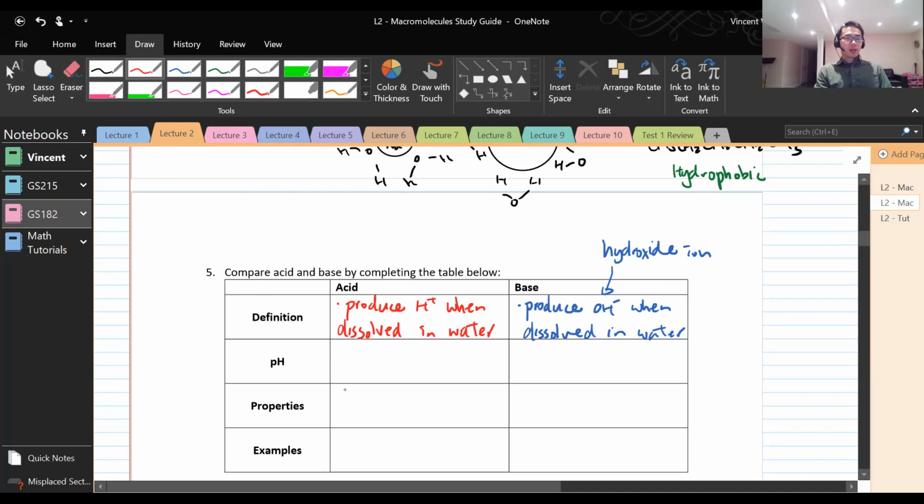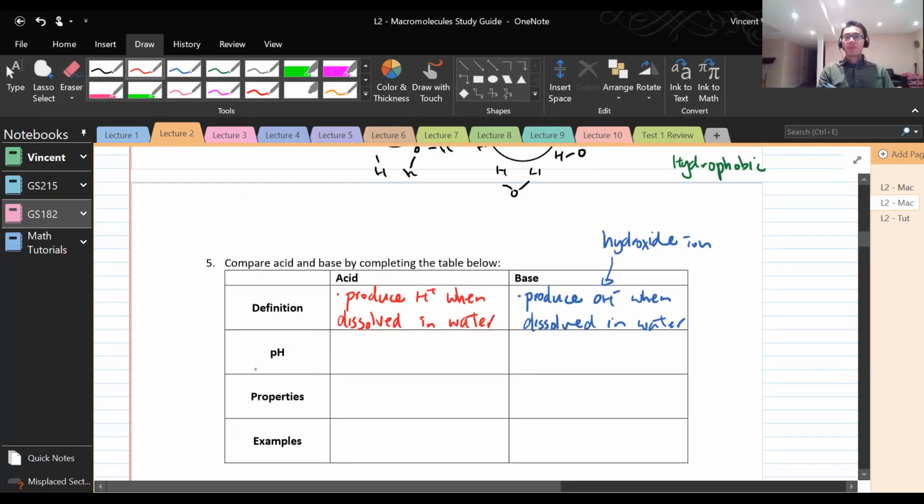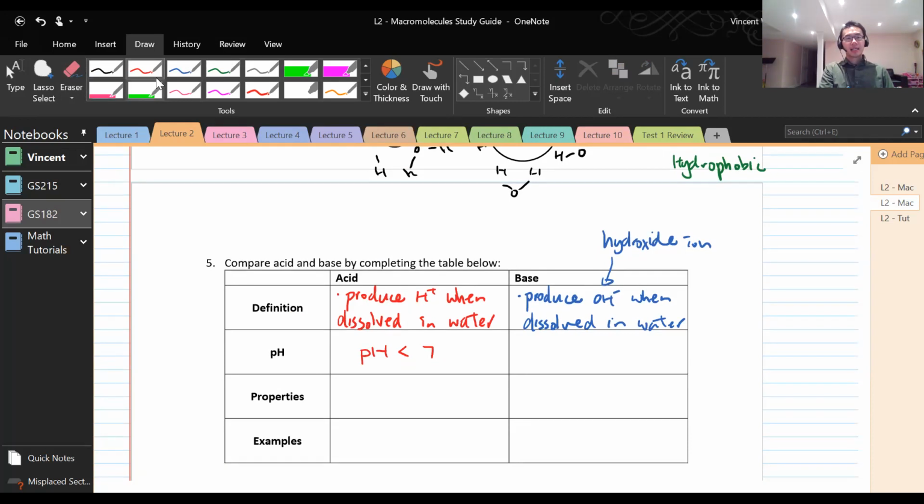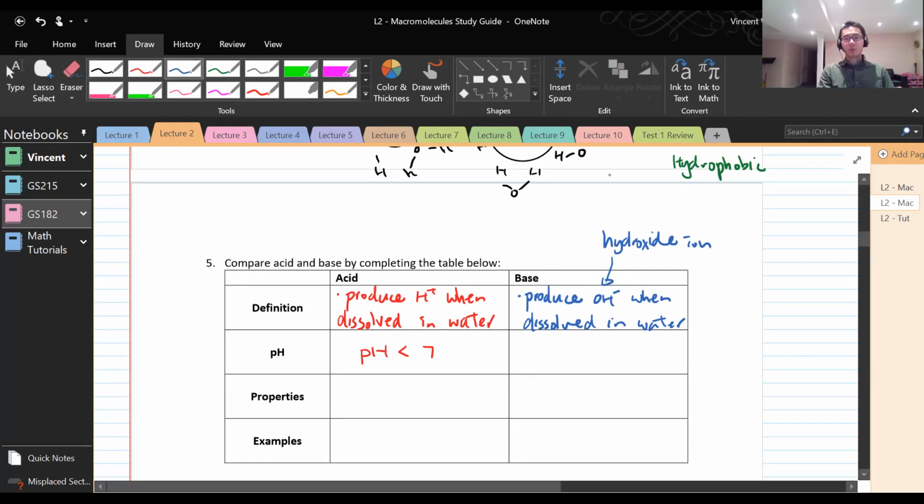The pH scale is used to measure the acidity or alkalinity of a solution. If it's an acid, then the pH will be less than 7. Stomach acid is around a pH of 1.5. For a base, the pH is going to be greater than 7.